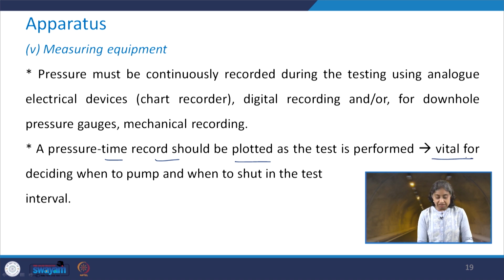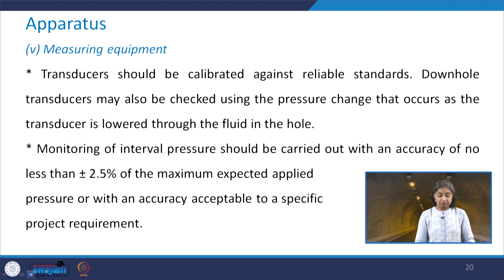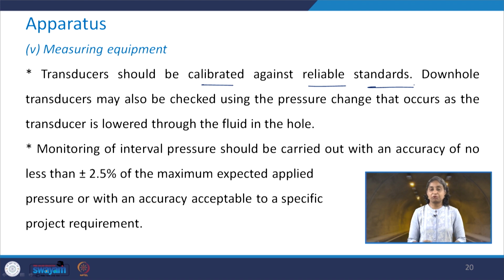This is vital for deciding when to pump and when to shut in the test interval. Transducers should be calibrated against reliable standards, which is the standard procedure for all such measuring equipments.